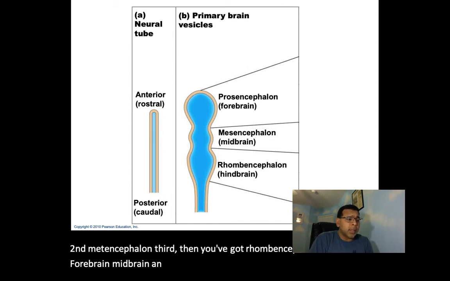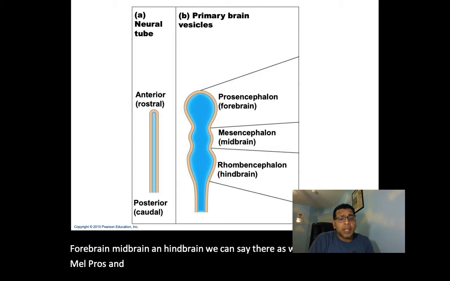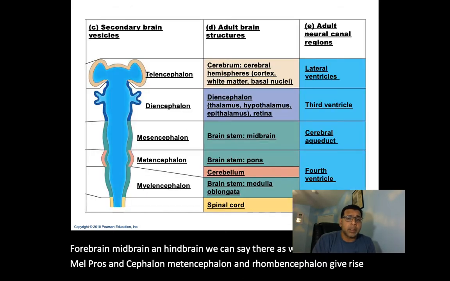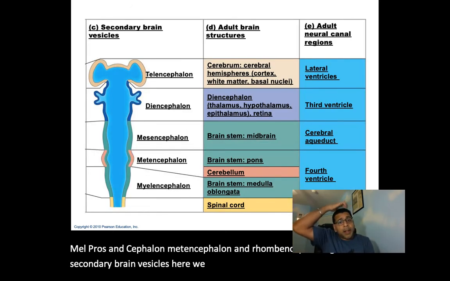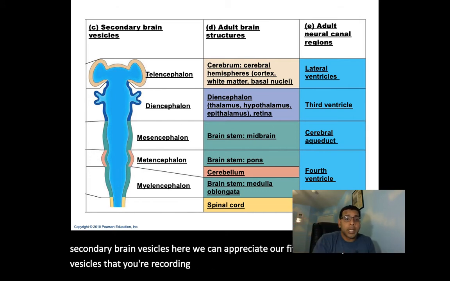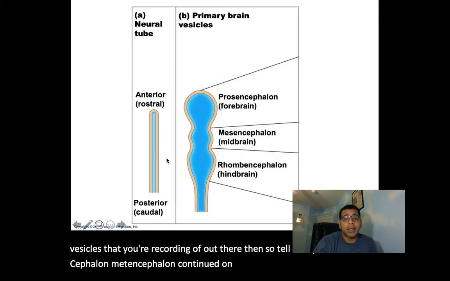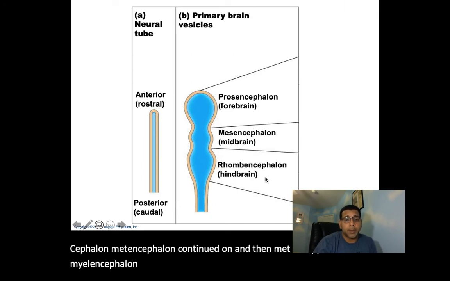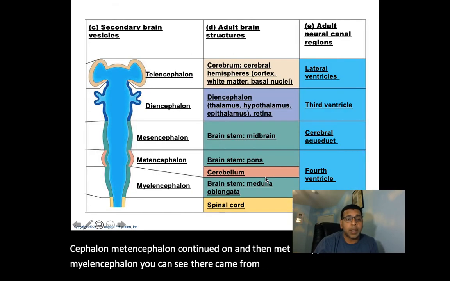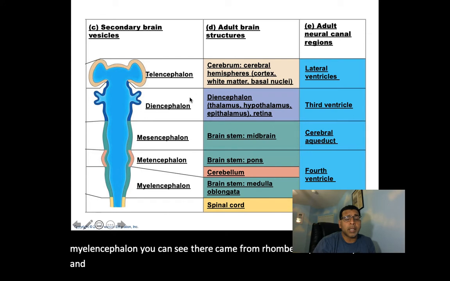Now prosencephalon, mesencephalon, and rhombencephalon are going to give rise to secondary brain vesicles. Here we can appreciate the 5 secondary brain vesicles you're required to know: telencephalon, diencephalon, mesencephalon continued on, and then metencephalon and myelencephalon, which came from rhombencephalon. So prosencephalon gave rise to telencephalon and diencephalon.